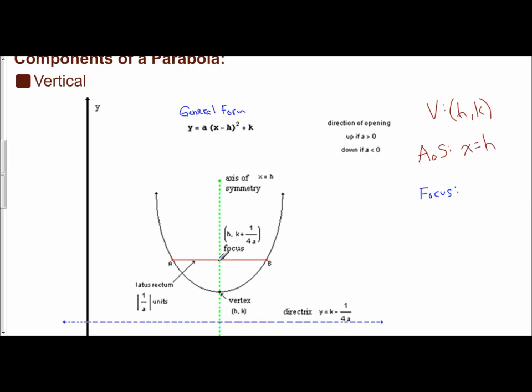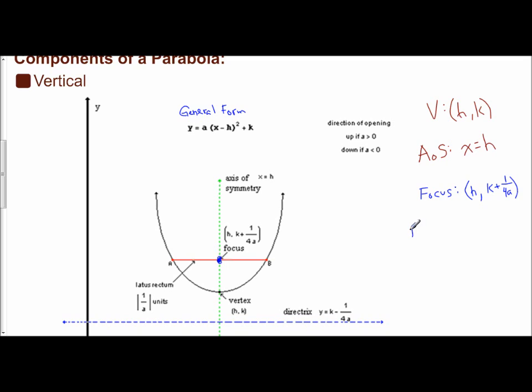The focus right now we see is at this point on our picture. It is represented by the coordinate (h, k plus 1 over 4a). And I'm going to talk about that 1 over 4a soon because I want to look at the directrix next.